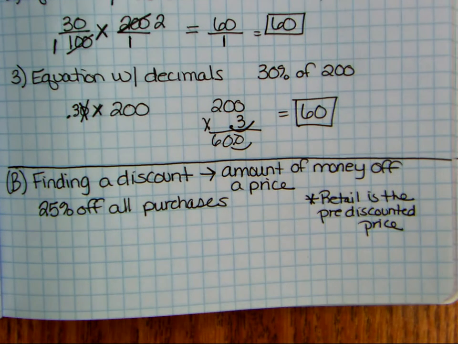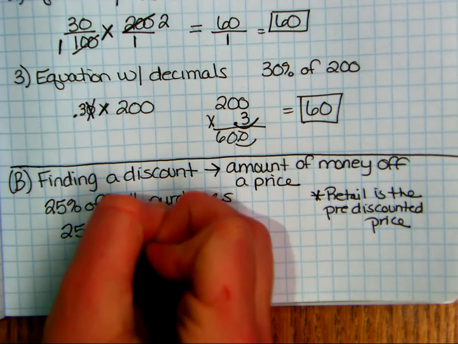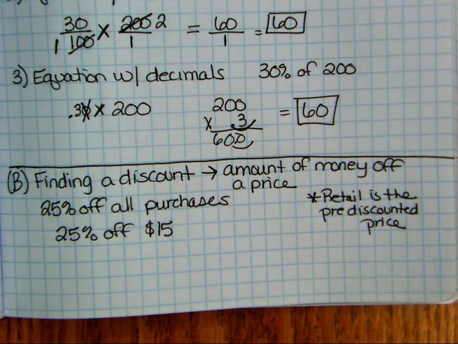So we want to know that art set's 25% off. What would my cost be? So you're going to start off with 25% off $15. Now, to do this, you have to find out what the discount price is and then subtract it from the retail or original cost.